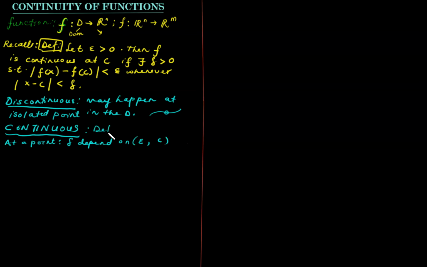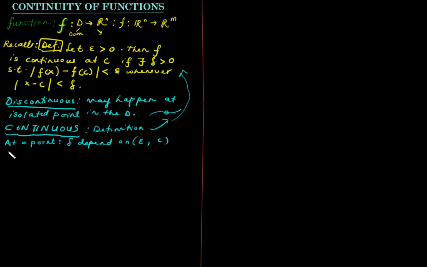So using the definition from above, it depends on epsilon and c. So if it is one point, what if it is continuous at two different points? What if it is at many points, more than one point? So we're going to take a look at this.